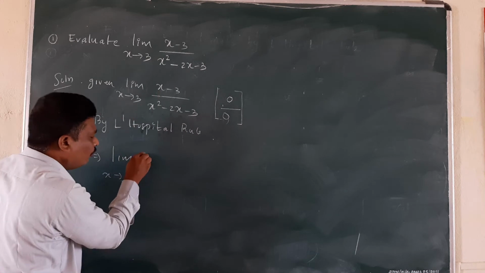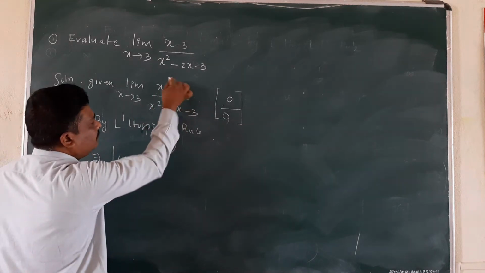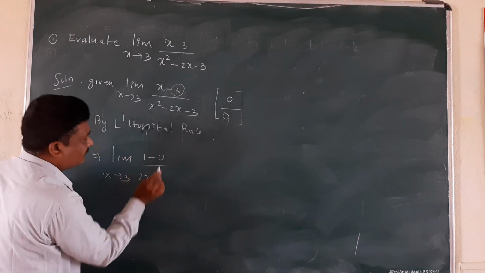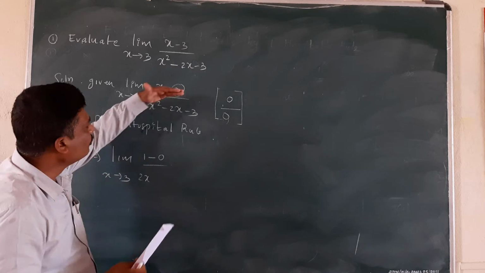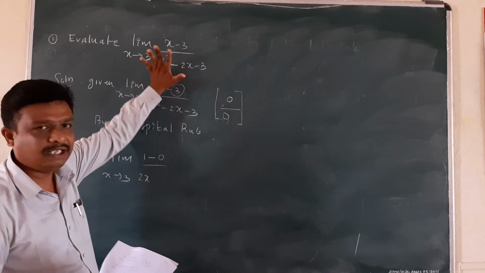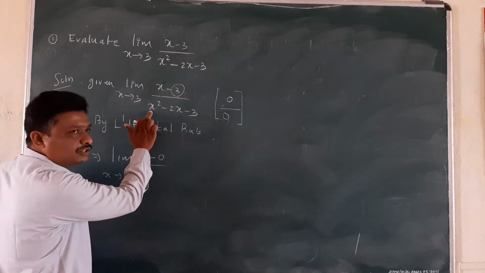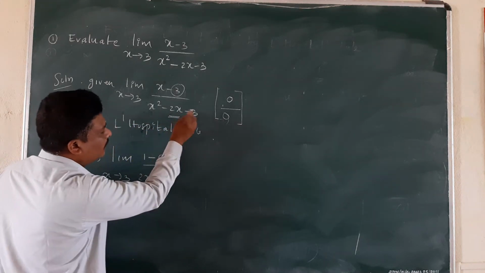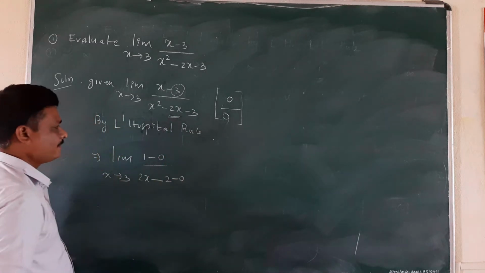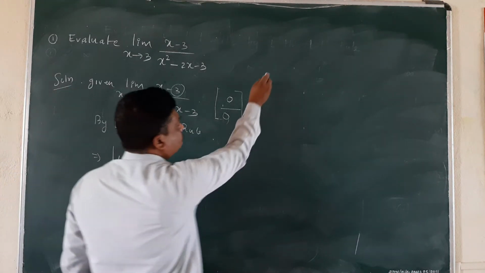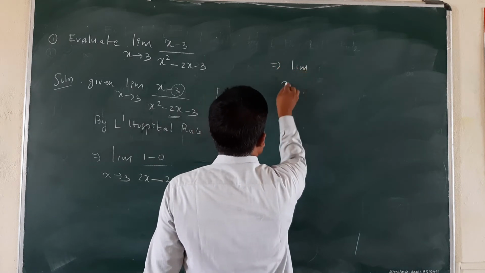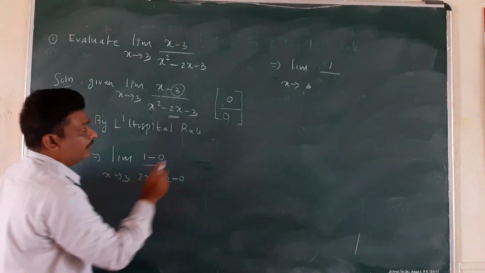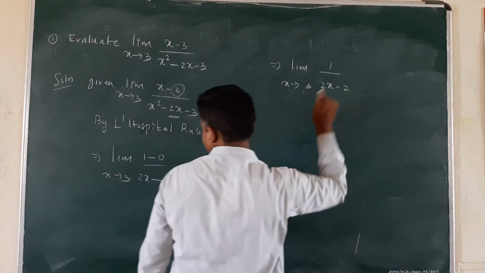Derivative of x is 1 minus derivative of 3 is 0, upon derivative of x square is 2x minus derivative of 2x is 2, and derivative of minus 3 is 0. Once again, we differentiate numerator separately and denominator separately. So this implies the limit of x tends to 3, 1 upon 2x minus 2.